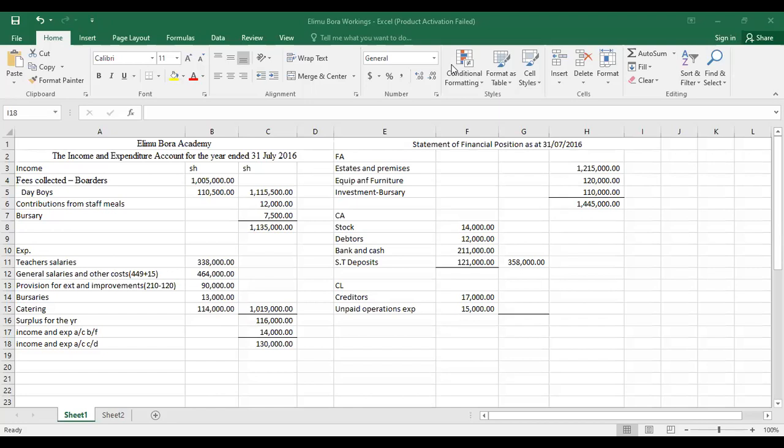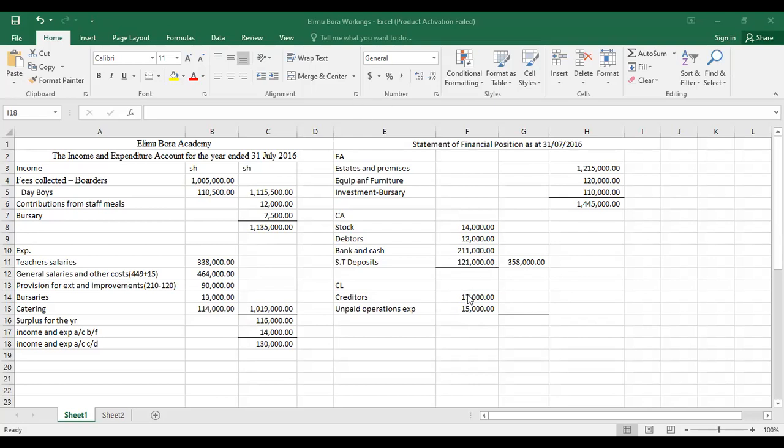We were winding up on Elimu Bora Academy, the statement of financial position, and we had gotten the current liabilities. We have creditors, 17,000. Then we have the unpaid operation expenses, 15.